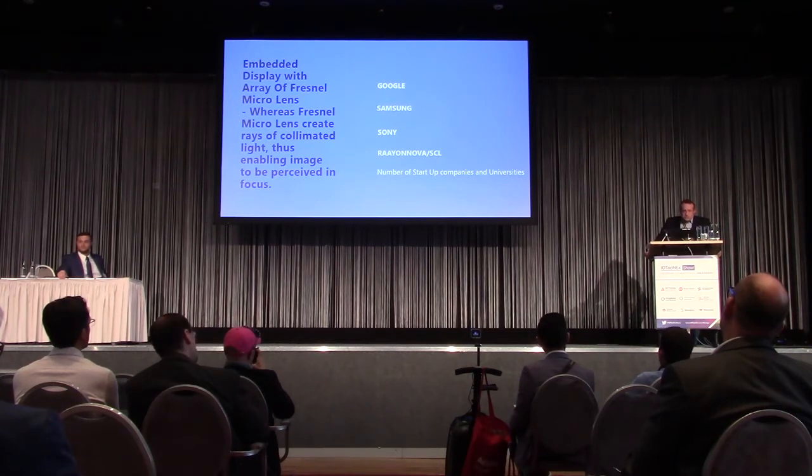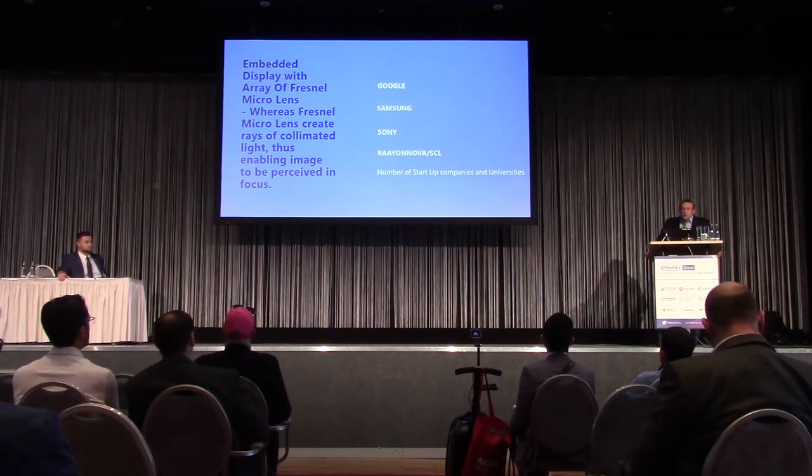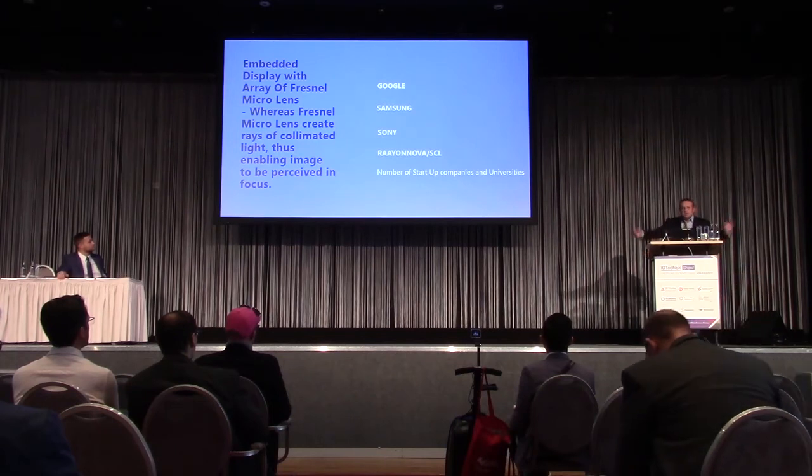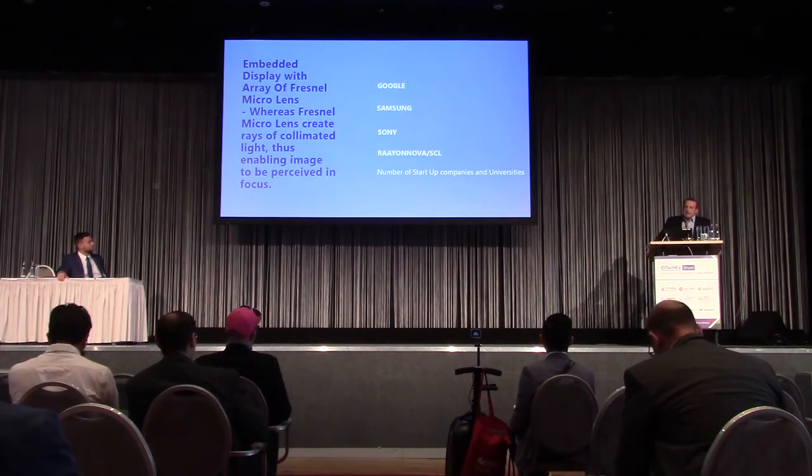Google came out with a solution, which is a workable solution, and it's called Fresnel microlens. Fresnel microlens is a refractive optical component that actually allows you to focus ray of light directly into the retina. So you can imagine array of LED lights built into the contact lens, overlaid with an array of Fresnel microlens.